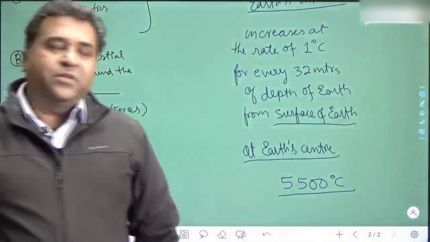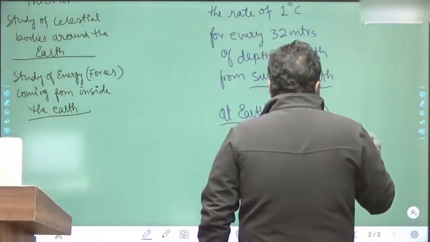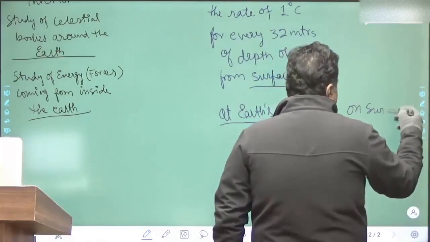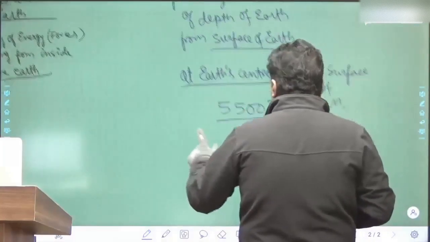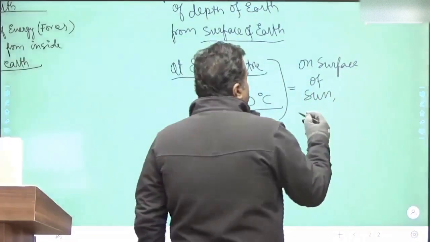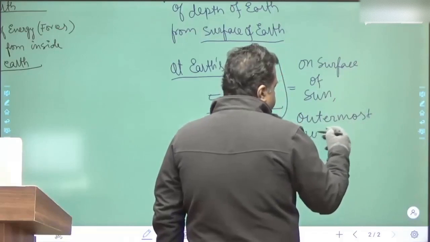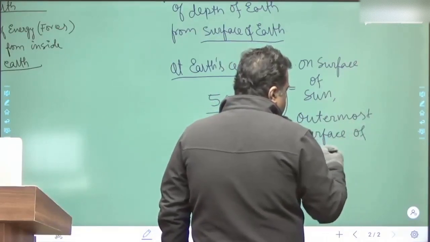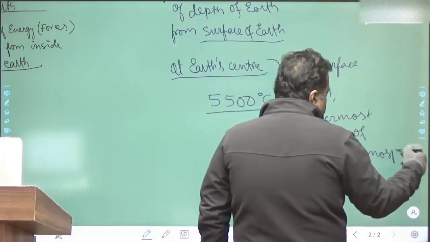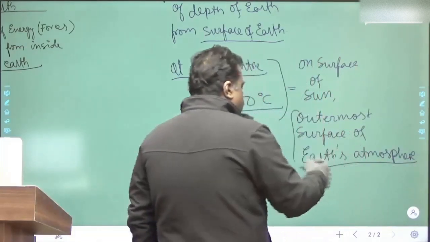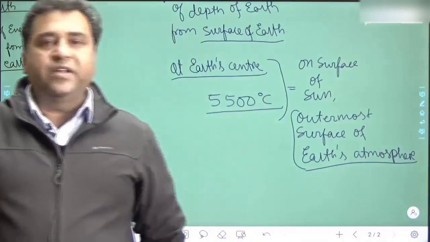Now, just to help you remember this temperature, this is also the temperature on the surface of the sun. The surface of the sun also has the same temperature, 5,500 degrees Celsius, and the outermost surface of Earth's atmosphere, 3,500 kilometers from the surface of the Earth, even that has this temperature, 5,500 degrees.